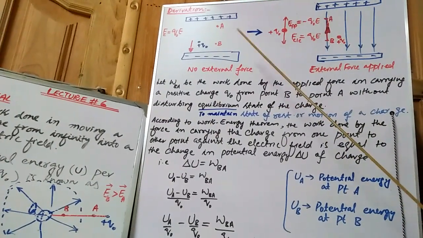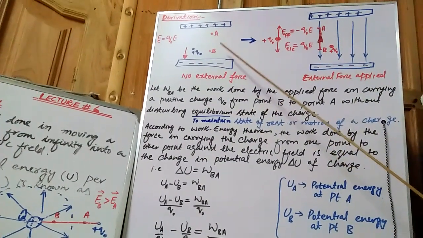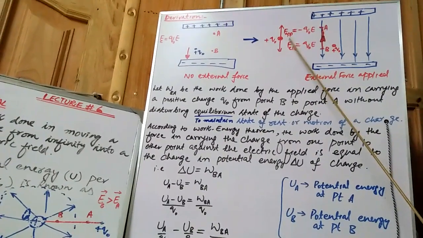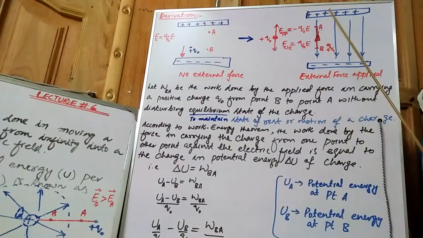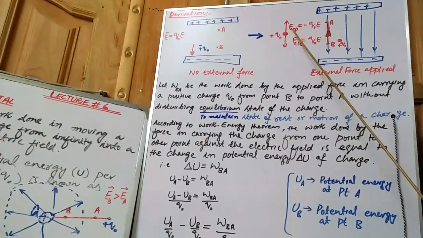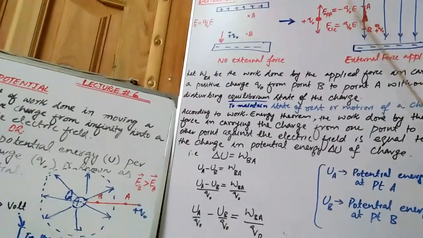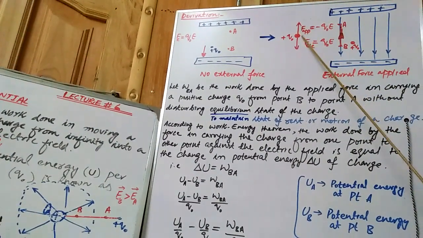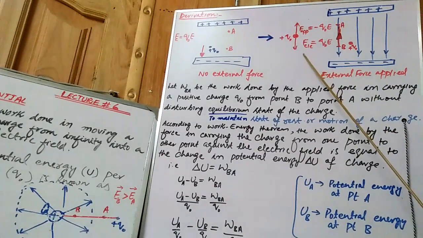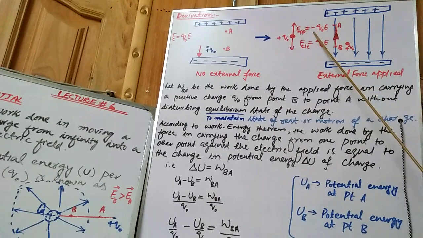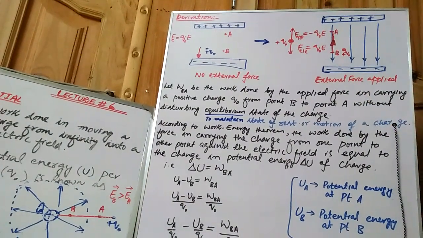So for moving this charge from point B to A, we use an external force, and this external applied force is equal to minus Q naught E, because the external applied force and electrostatic force are equal in magnitude but opposite in direction.